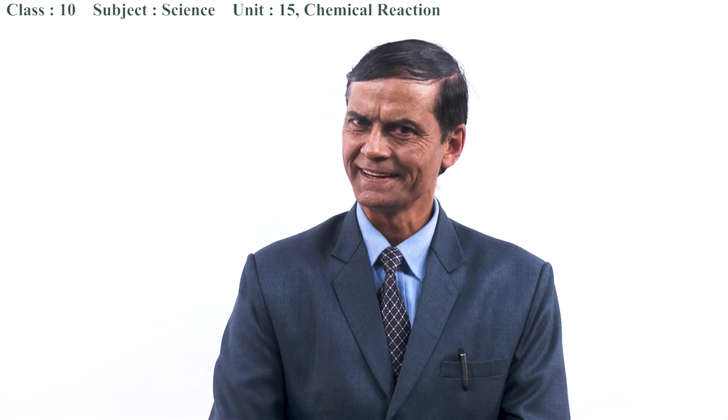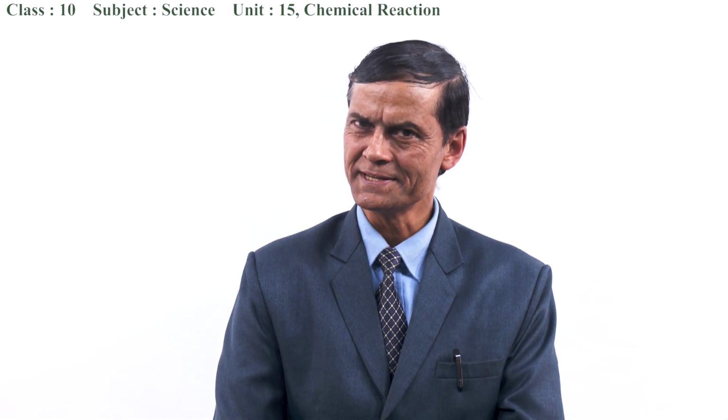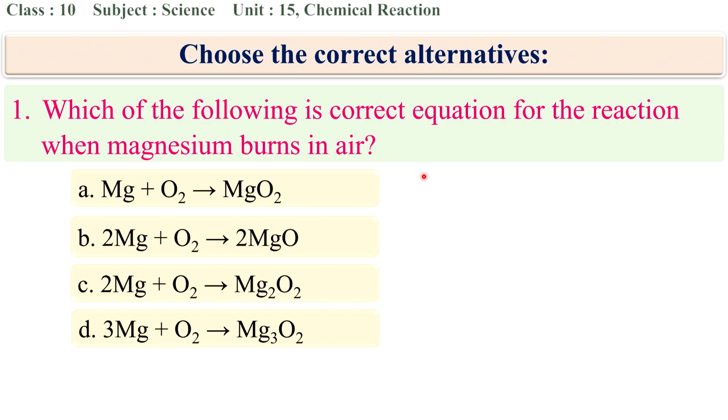Dear students, now we are going to discuss some questions, isn't it? That is multiple choice questions. Let's think. The first question is like this: which of the following is the correct equation for the reaction when magnesium burns in air? Magnesium burns in air, we have already discussed magnesium plus oxygen, isn't it, equal to magnesium oxide.